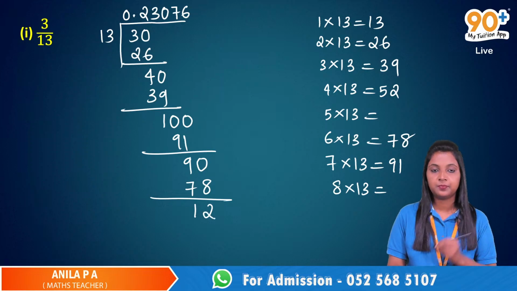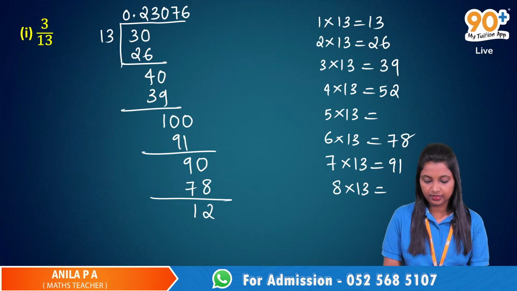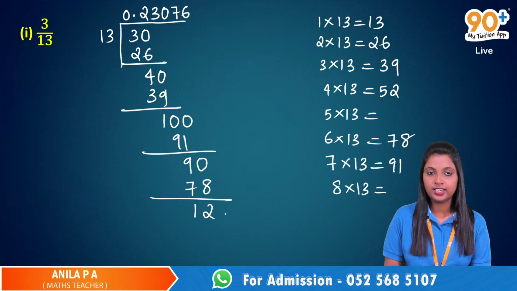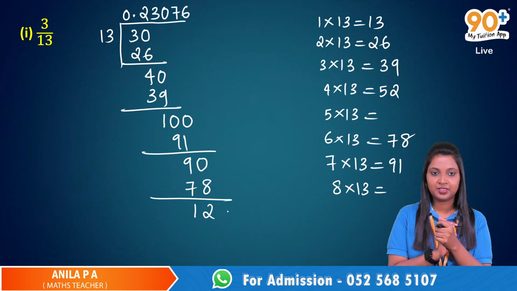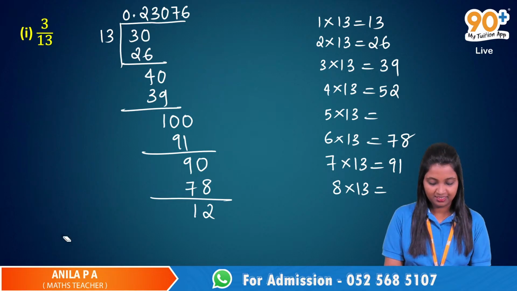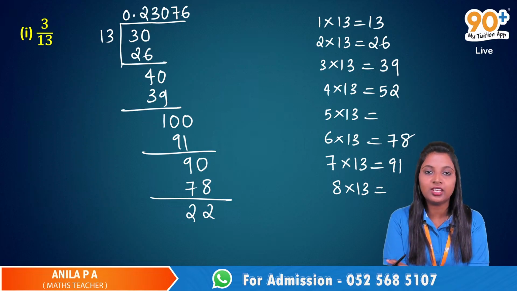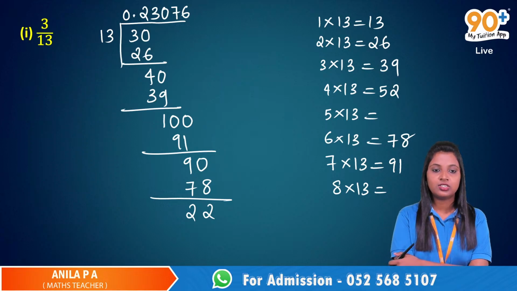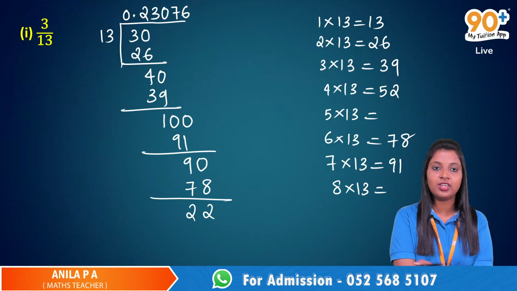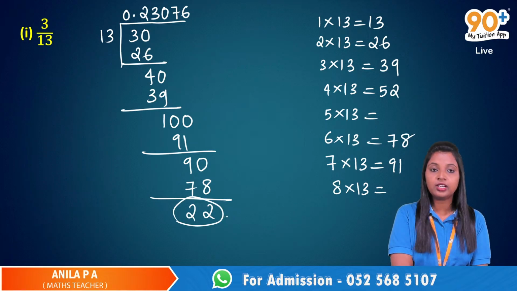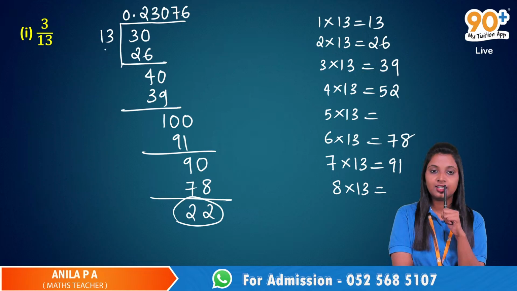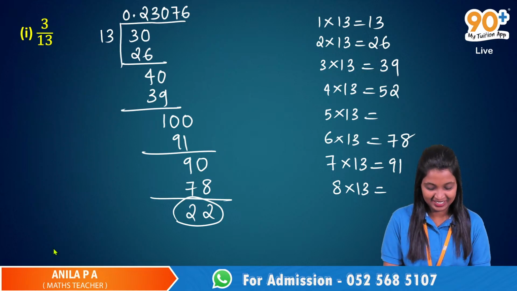Then we get 22. And if it is 22, we can divide this 22 by 13, right? So you must have put a 7 at least here, 7 13s, because see, 22 is here and we got a remainder greater than the divisor. It will be 12.